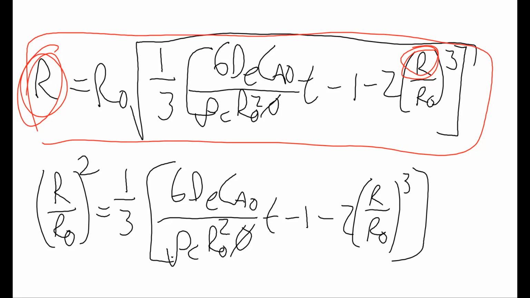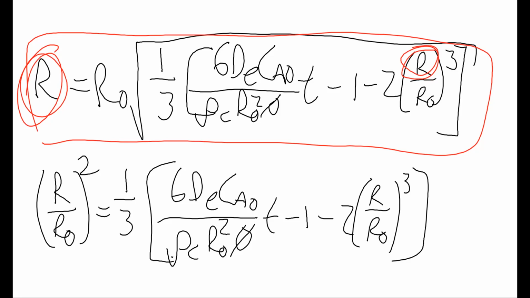I'm going to put them in here just because I'm not focusing on how to get them. So that's rho C. R naught, we said 0.1 centimeters.